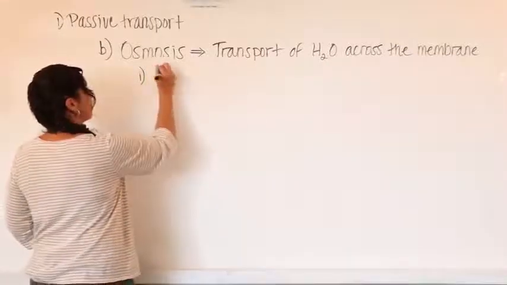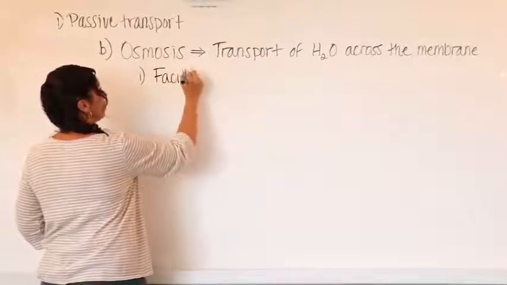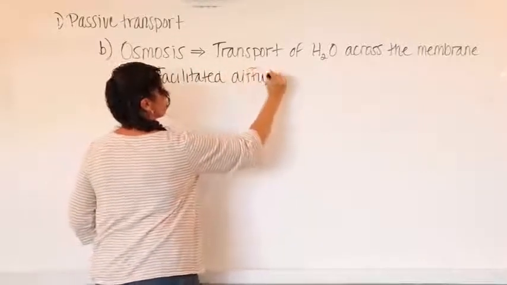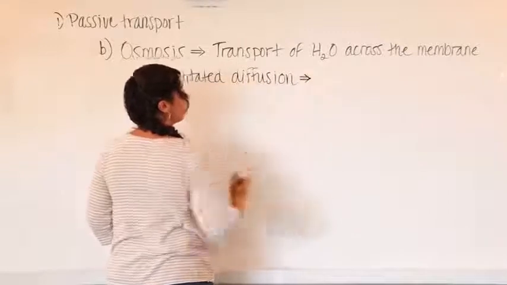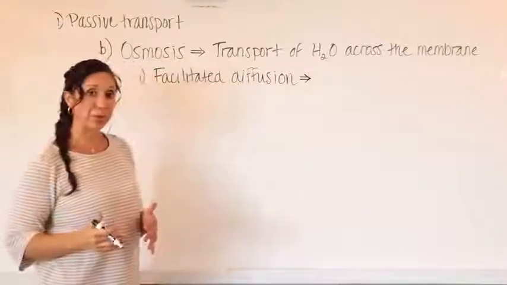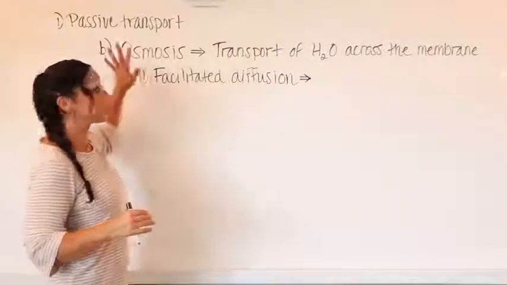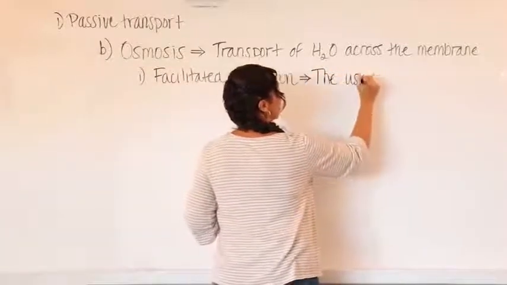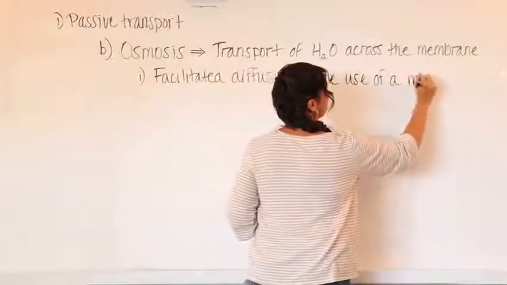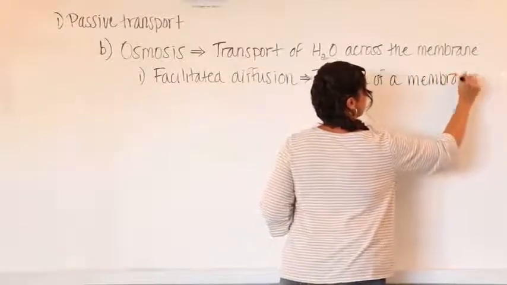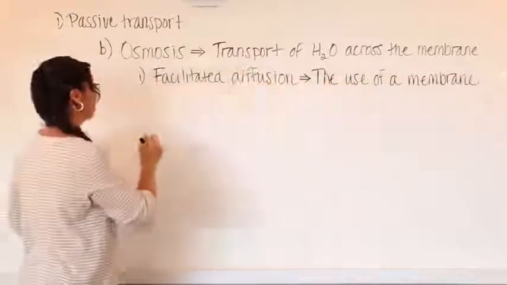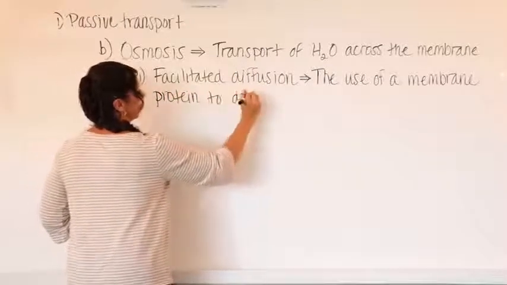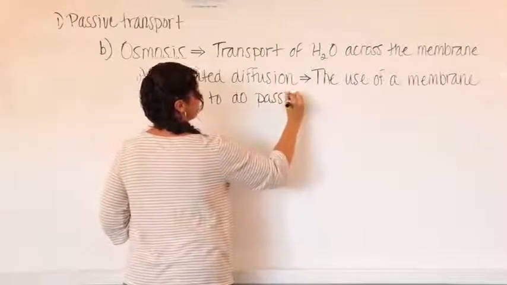So facilitated diffusion is essentially the use of a membrane protein to do passive transport.